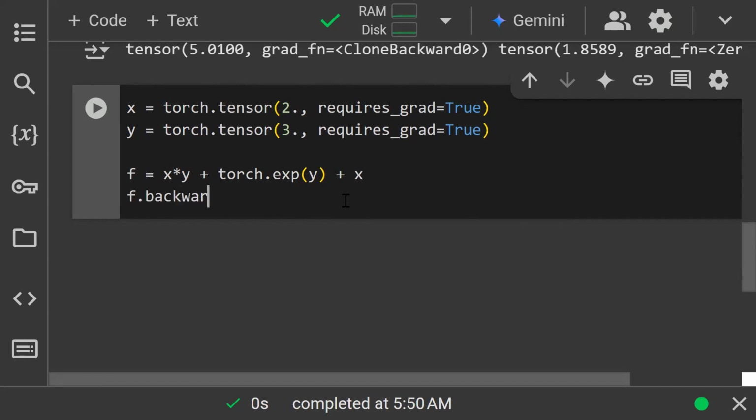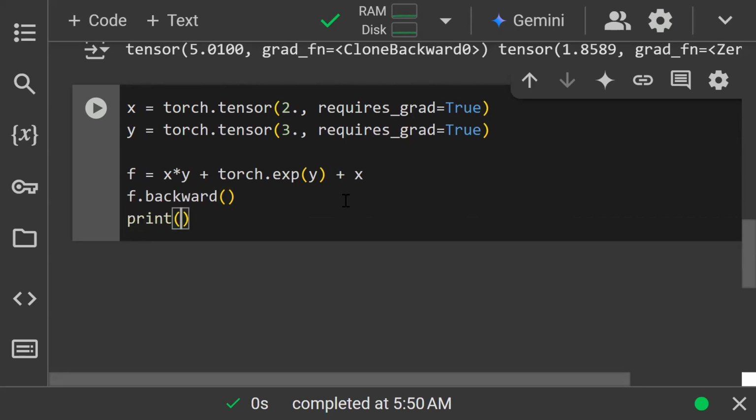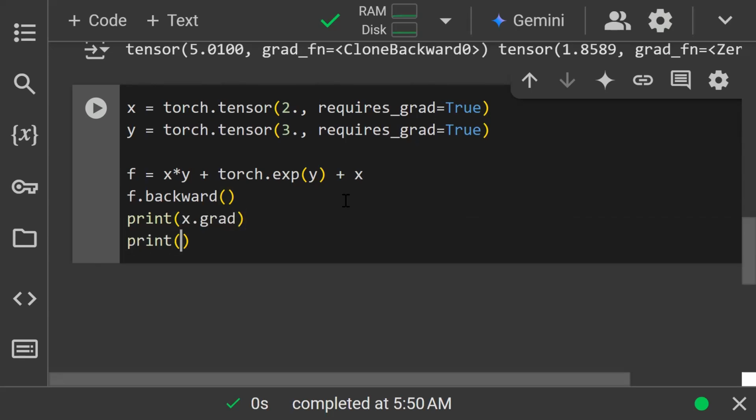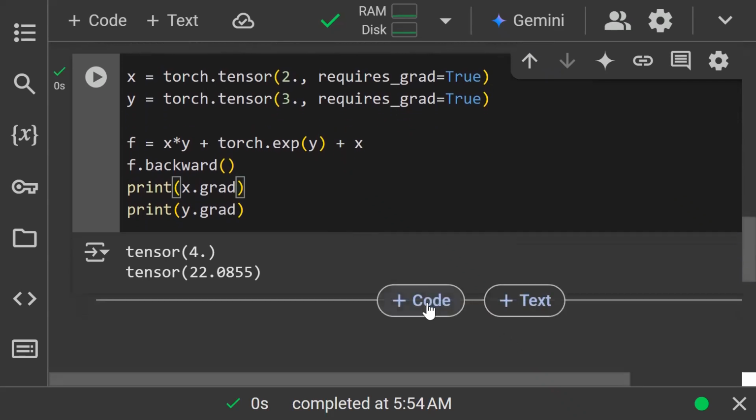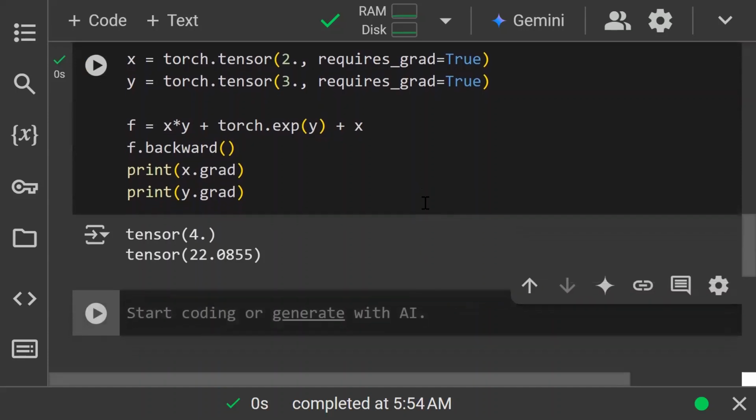So call the backward, and you may wonder, print x dot grad, y dot grad. In this way, you can compute the first order derivative, and you actually got it, right? And if you want to check, df dx is y plus 1, right?